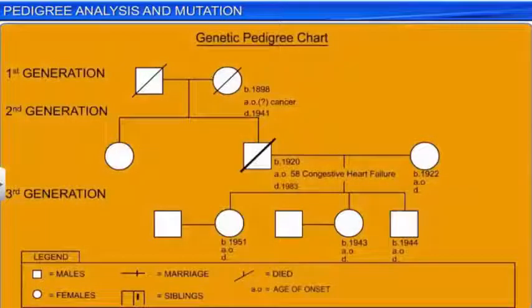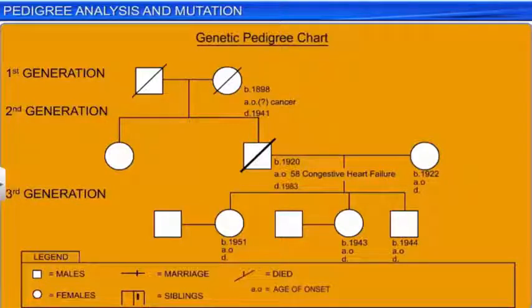A pedigree analysis involves using a pedigree chart with standard symbols to represent the inheritance of a particular trait. A few of these symbols are as shown. The standard symbol representing a male is a square, and that for a female is a circle.